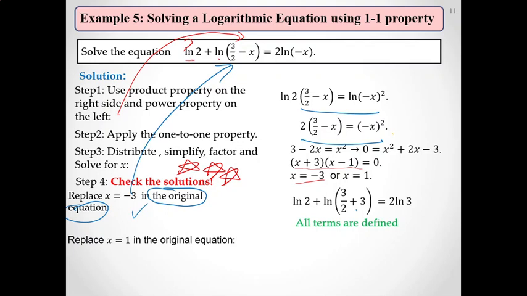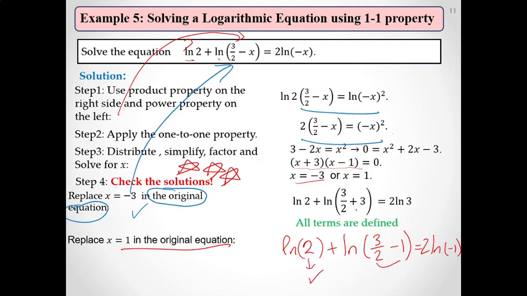Now let's put 1 in the original equation. I want to show it to you. ln 2 plus ln 3 over 2 minus 1 equal to 2 times ln minus 1. You see? Here, positive. This is 0.5, positive.